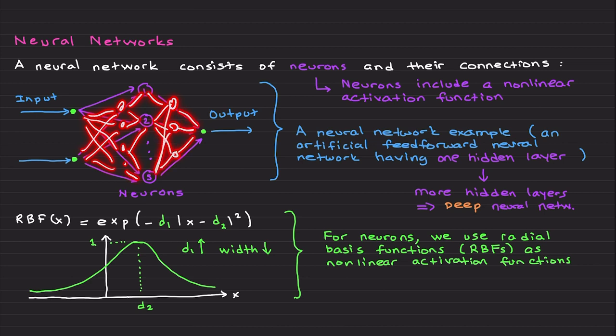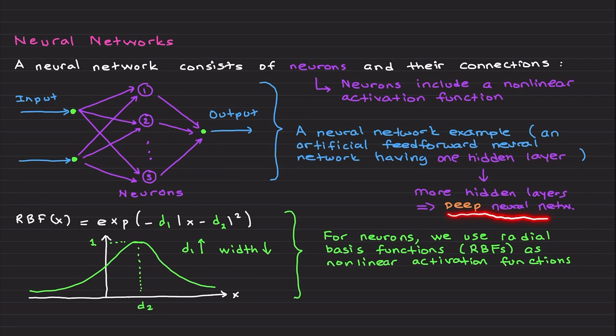If you have more hidden layers, then the network is called a deep neural network. So deep neural networks are just neural networks that have more hidden layers, and they tend to have a better approximation property.